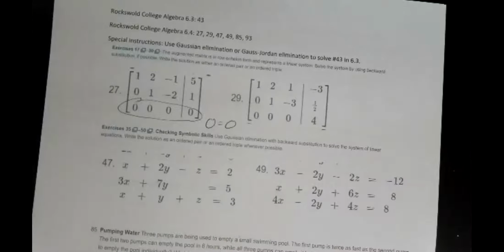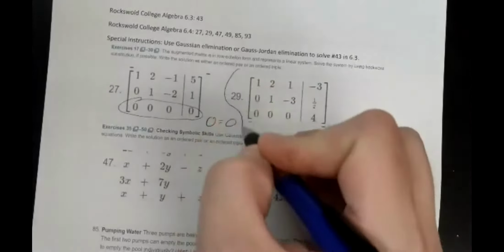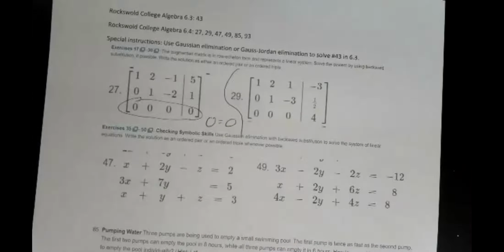There are an infinite number of solutions for this thing. Exactly. So this one, 27, is infinite because it's 0 = 0, right? Right. So it is infinite, but it is not just anything and everything out there. So you do have to give me some sort of structure for this thing.